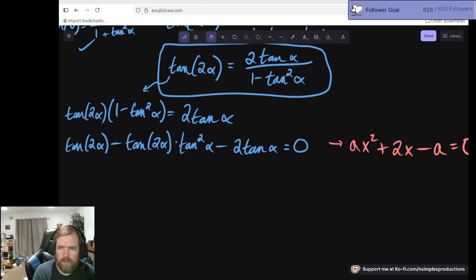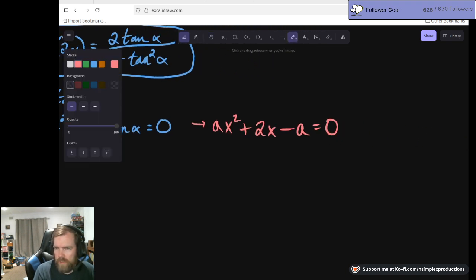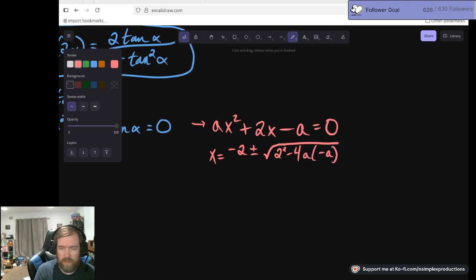For which x is going to be equal to negative 2 plus or minus the square root of 2 squared minus 4 times a times c, which is negative a, all divided by 2a.